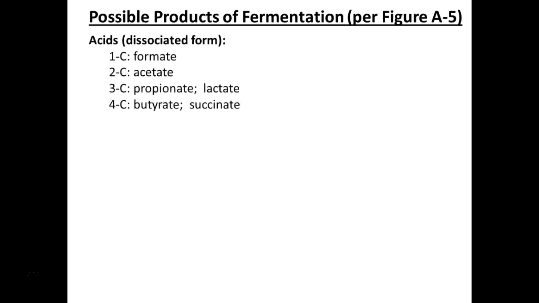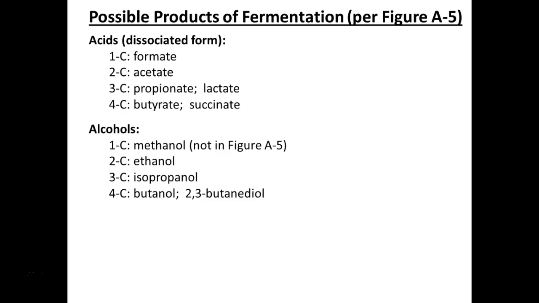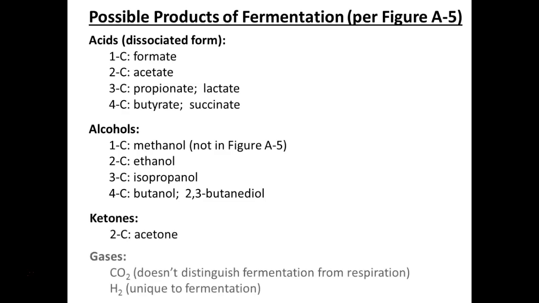So, possible products, right? What are the general products? What do we say? Two A's, acid, our favorite, alcohols, and gas, right? So a bunch of different acids can be produced, a bunch of different alcohols can be produced, and ketones, and gases.